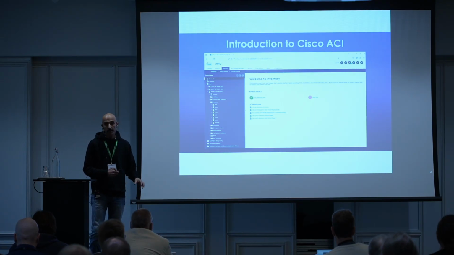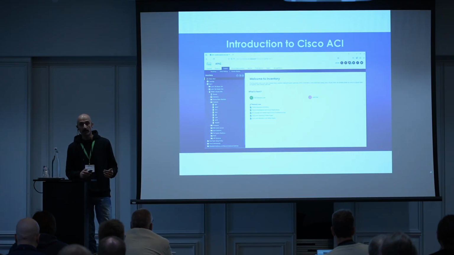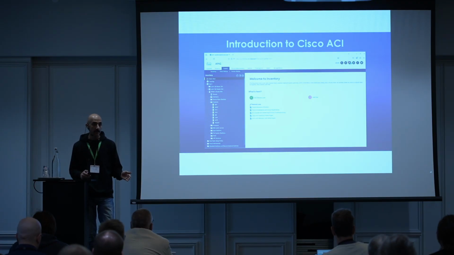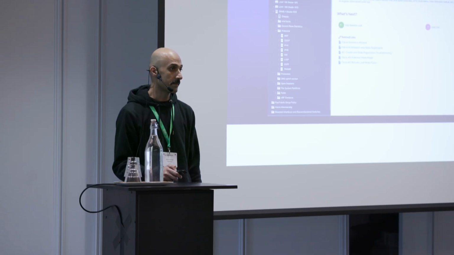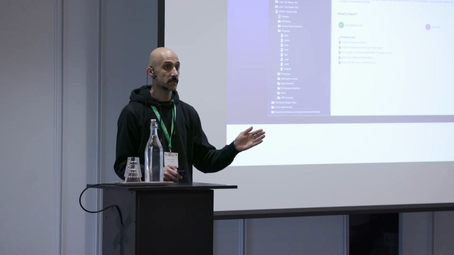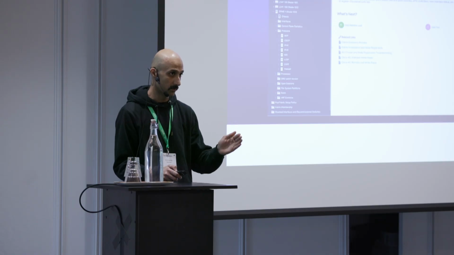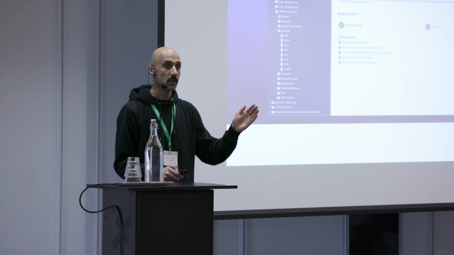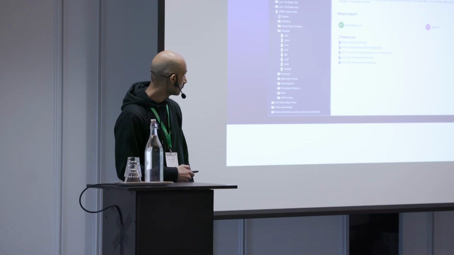So the main concept behind ACI, in order to configure it either by GUI or any type of automation tools and methods, is to understand the difference between the classes, relations, and the relations between the classes and objects.